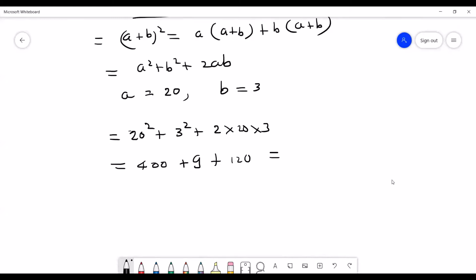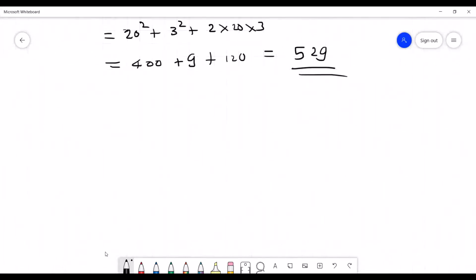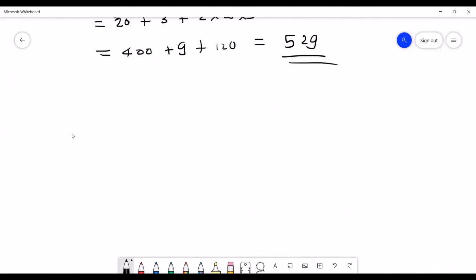So here also we are getting 529. You can go either way as per your convenience, whichever you feel is easier. As per the NCERT syllabus book, the first way has been shown in your textbook, so following the first way may be better.